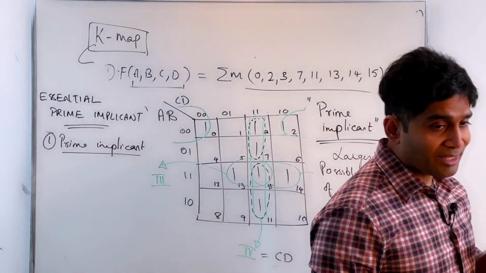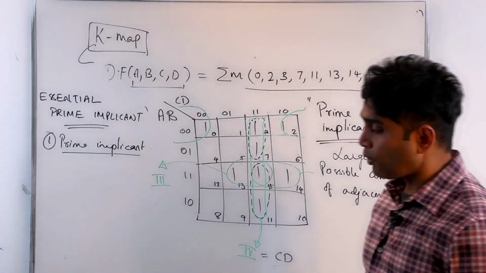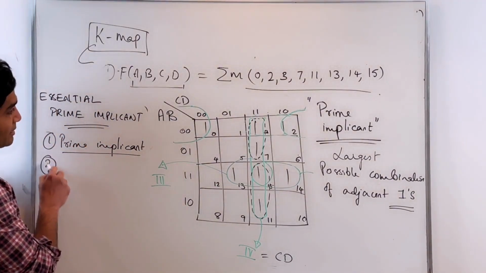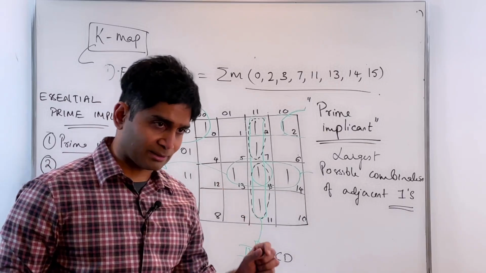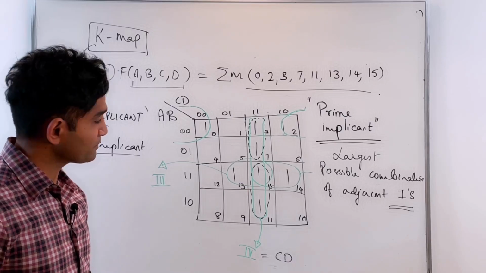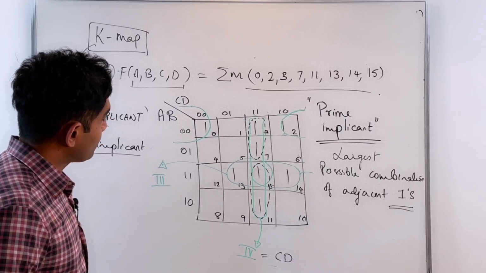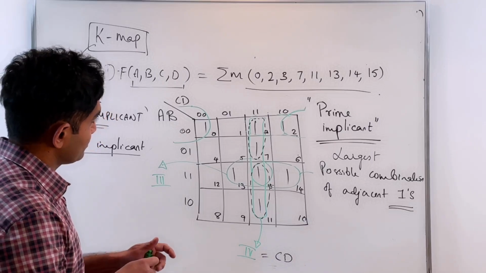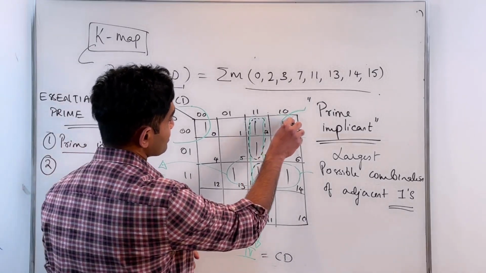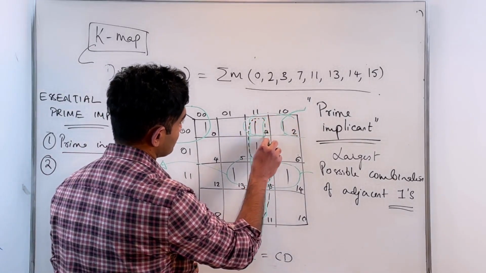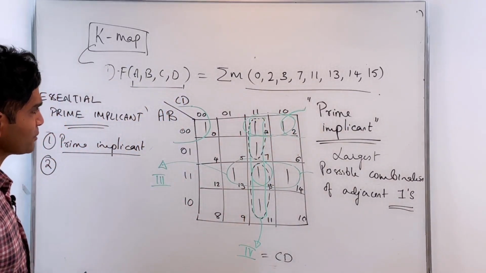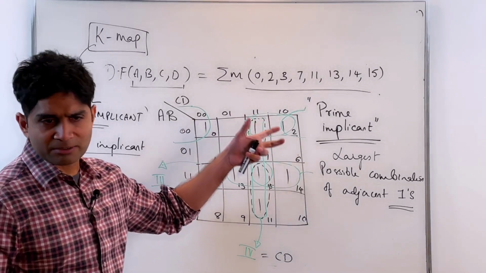And then what makes a prime implicant essential is that it should contain at least one cell that is not accounted more than once in any other combination. Now, in this case, if I were to draw all possible prime implicants, then this would also be a prime implicant. I could have combined this one with that one. That's a valid combination, the largest combination I can make, and that's a prime implicant.